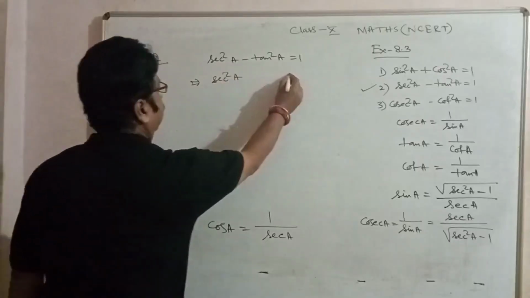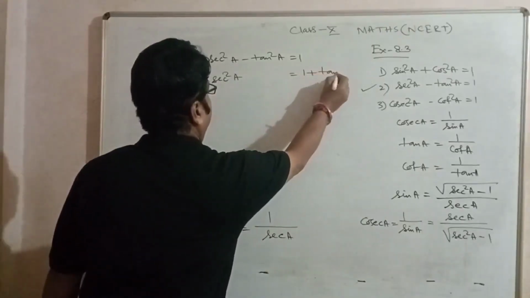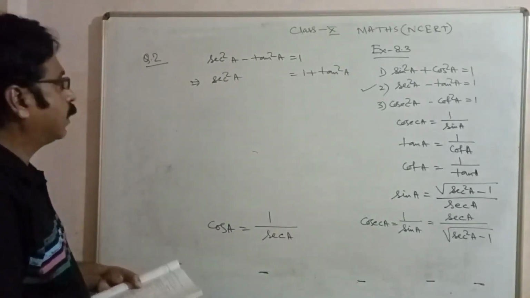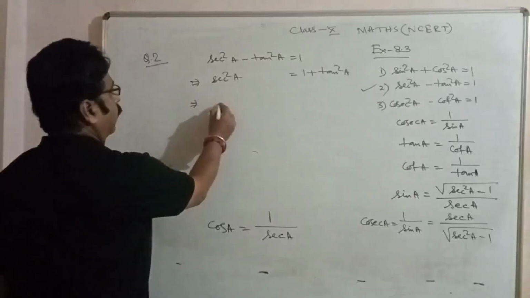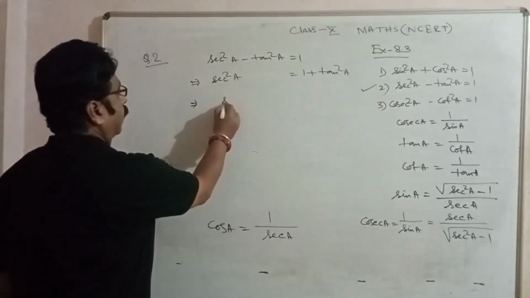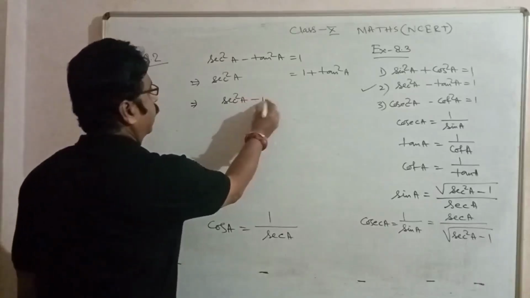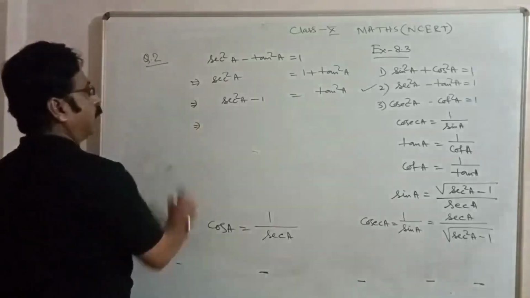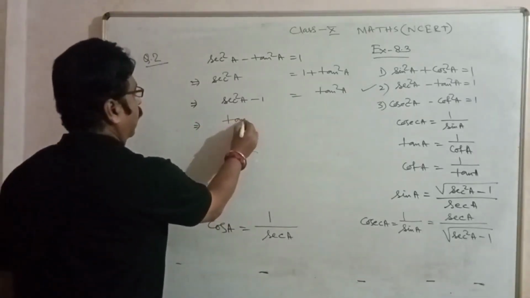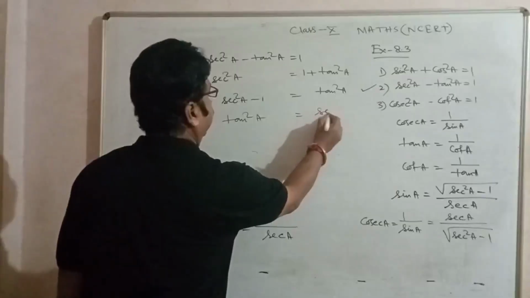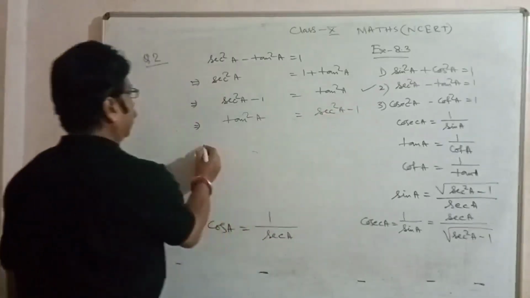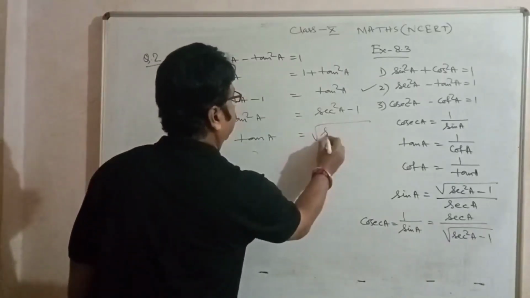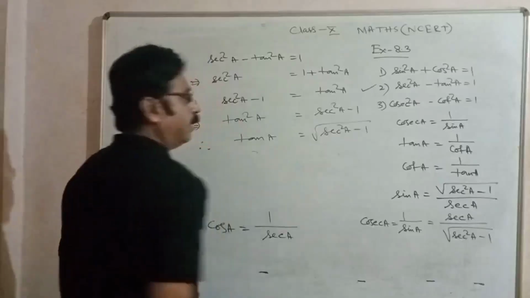Sec square A is 1 plus tan square A. Sec square A minus 1 is tan square A. So tan square A equals to sec square A minus 1. That means tan A will be under root sec square A minus 1.